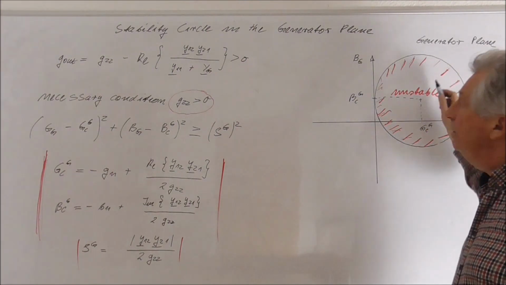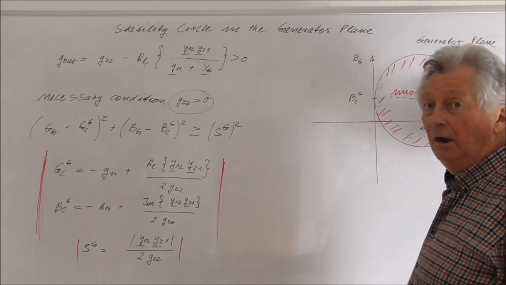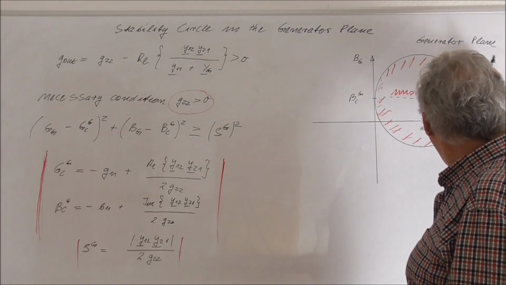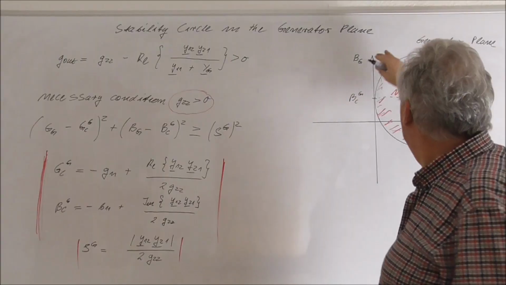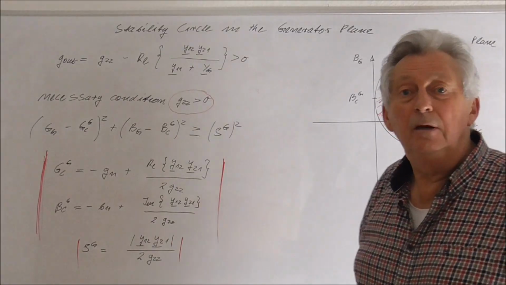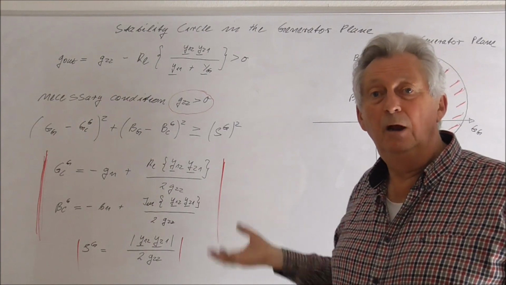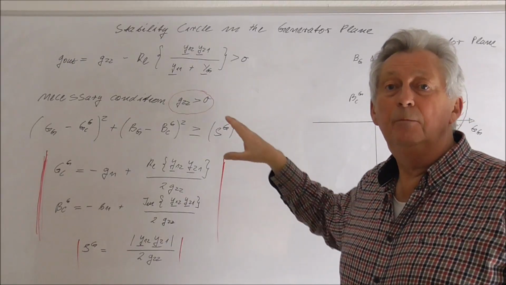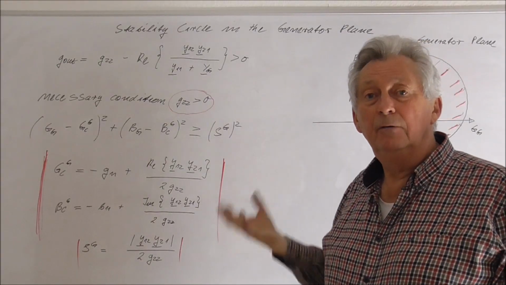As soon as the generator admittance comes from inside the circle, then we end up in an unstable system, and as long as the generator admittance comes from outside the circle, then we have a stable system. And in the next lecture we will use the simulation tool to see how these circles also move in the planes, because the Y parameters are frequency dependent.